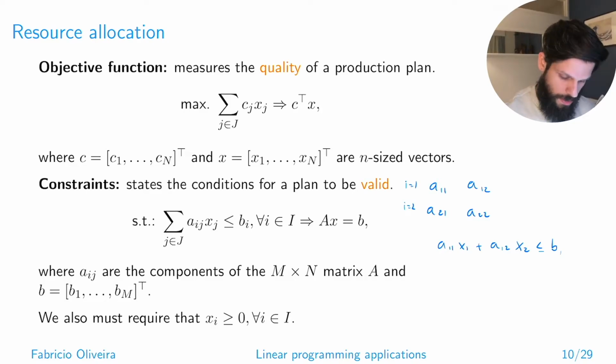So that's the requirement for resource 1. And I'll have another one like this for resource 2. I can write it here just for the sake of completeness. The amount of resource 2 that I use to make product 1 plus the amount of resource 2 that I use making product 2 has to be less or equal than B2.